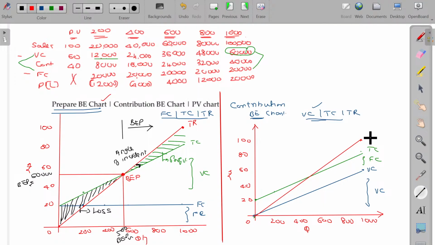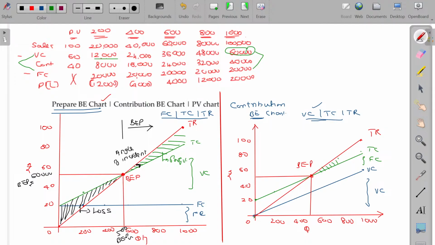This will be total revenue. Here in this dot you can draw the line. So rest will be the same. This is BEP point, angle of incident, and this will be profit zone and loss zone.